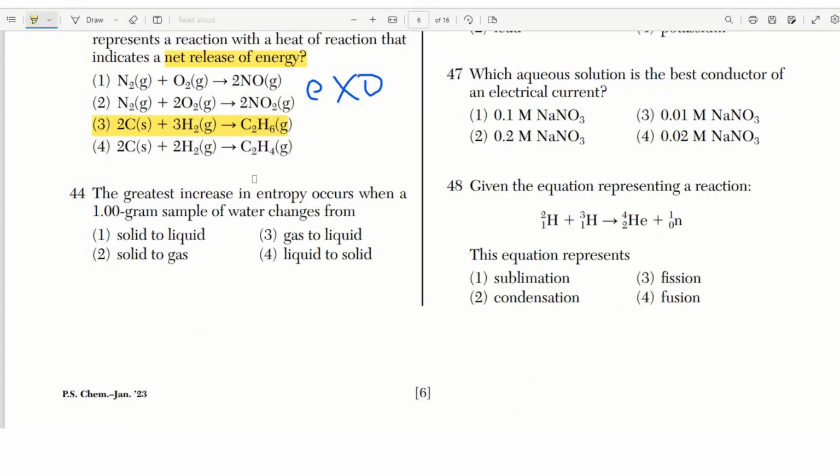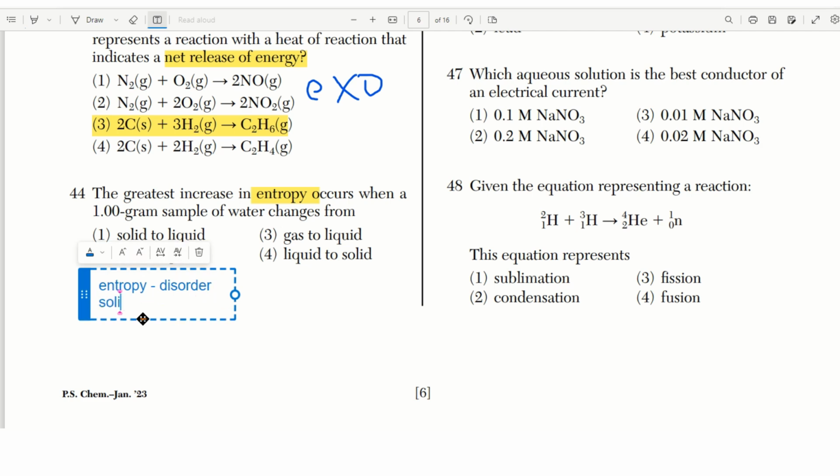The greatest increase in entropy, which is disorder. All right, so entropy, remember, is disorder. And when we have a solid, that is the most ordered. Okay, so lowest entropy.